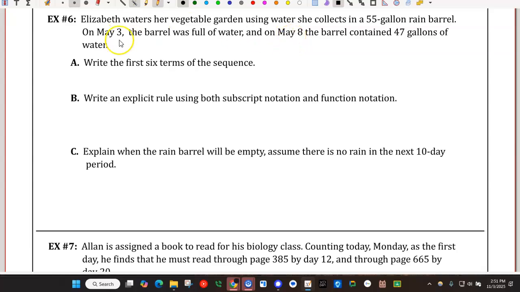But it's a little bit easier to think of this as where we're starting, a sub 0, and then 5 days later, from the 3rd to the 8th, that's 5 days, that's a sub 5. And it just makes a little bit more sense when you're doing your calculation to think about it this way.